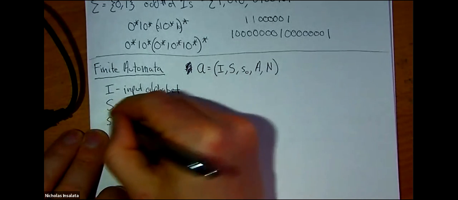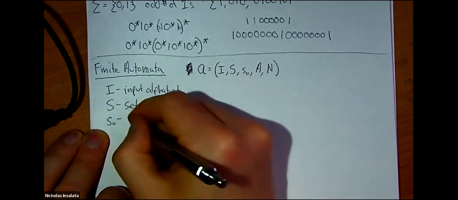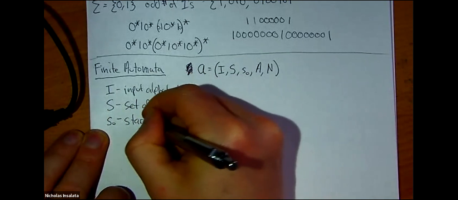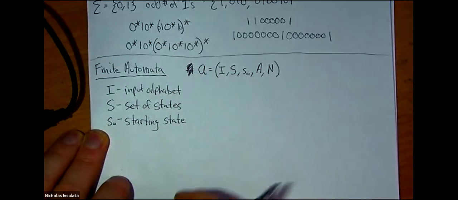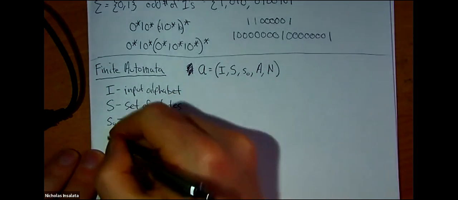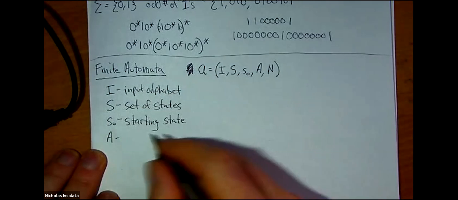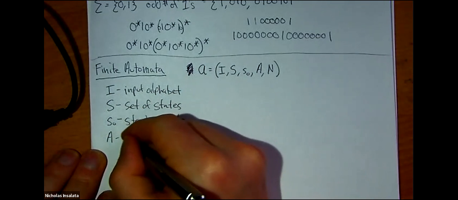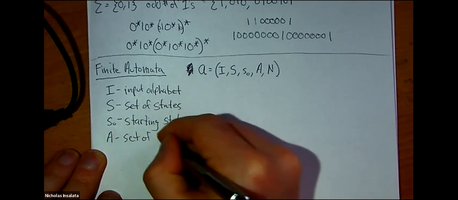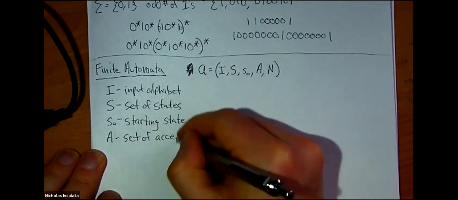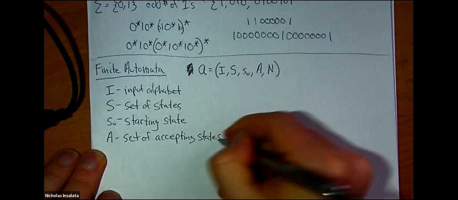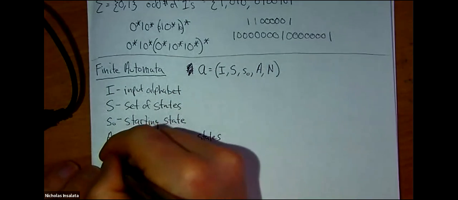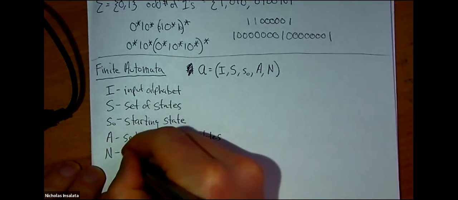S0, that's a lowercase s, S0 is the starting state. A is the set of accepting states. And N is the next state function.